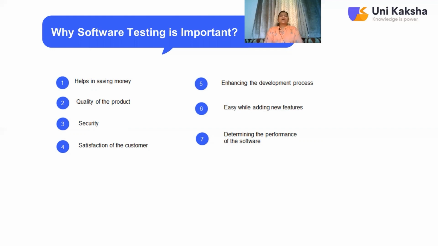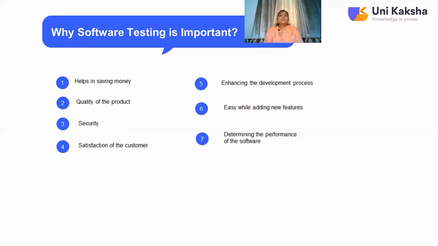So these are the facilities, or the advantages, of software testing, and we can easily understand from this how software testing is very important for any kind of software. It is going to give you lots of advantages, such as it helps in saving money.